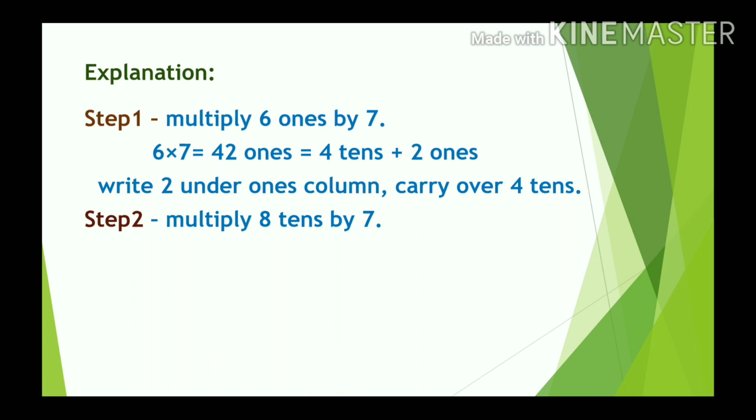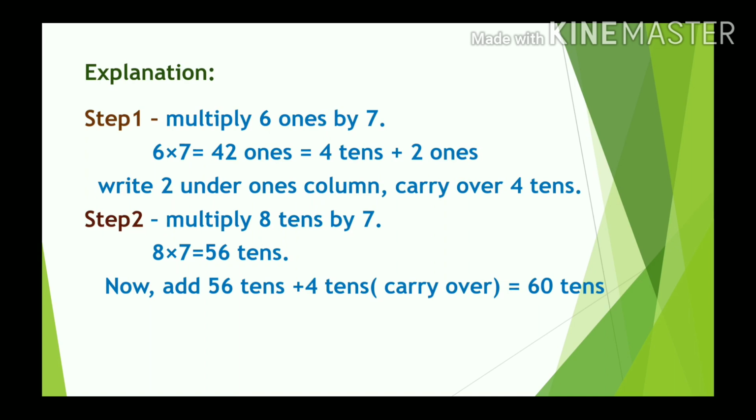Now step 2 is multiply 8 tens by 7. We know 8 multiplied by 7 is 56, and because 8 is written under the tens column, the product is also tens. So 56 is tens.